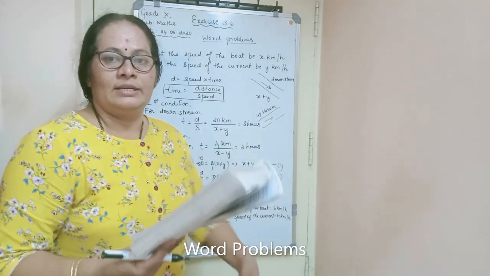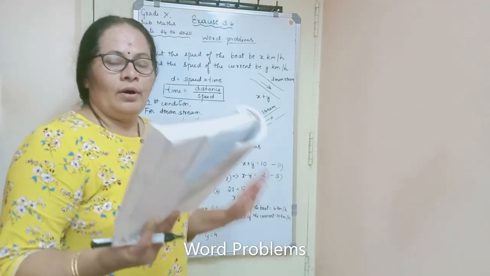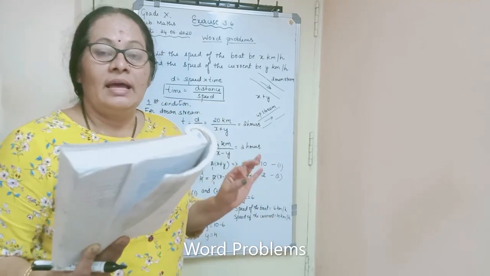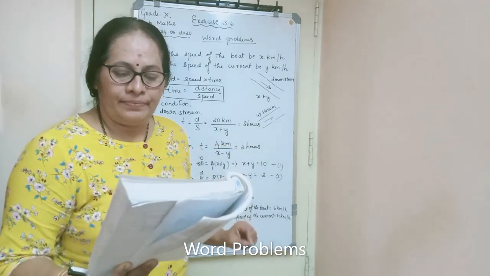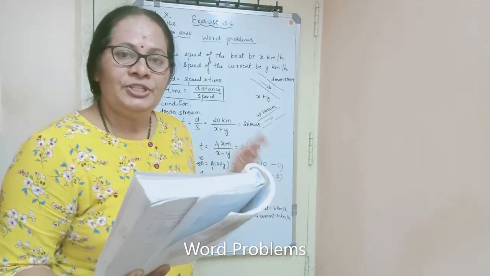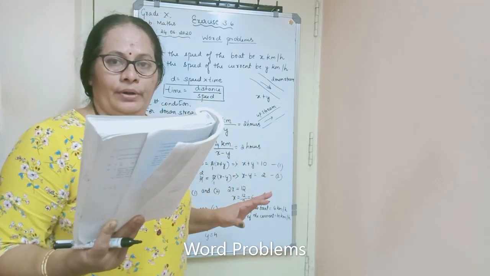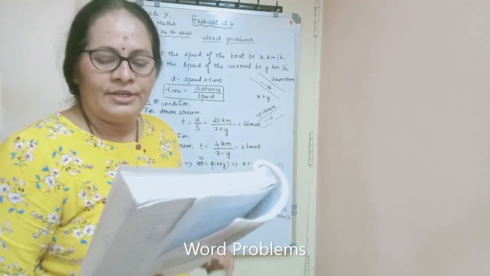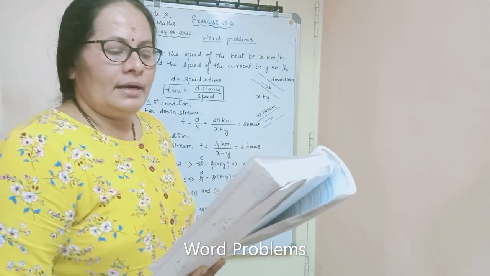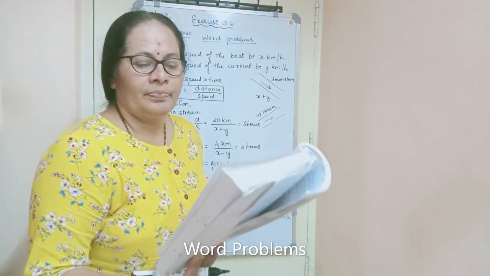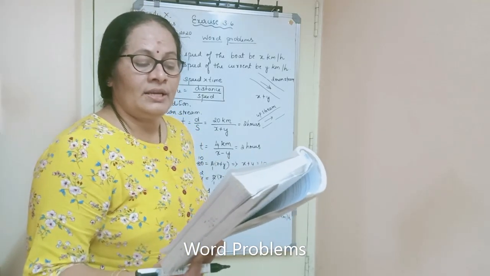Again we are using the relation time equals distance upon speed. For upstream the speed is x minus y, where x is the speed of the boat and y is the speed of the current, or speed of the stream here in this question. Now in the first case, the boat goes 30 km upstream and 44 km downstream in 10 hours.